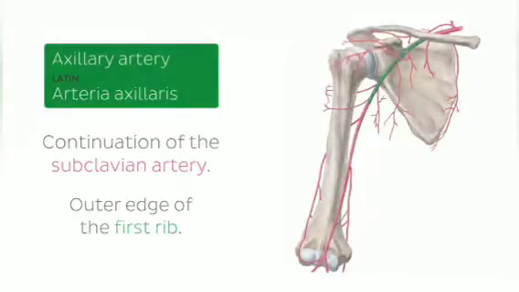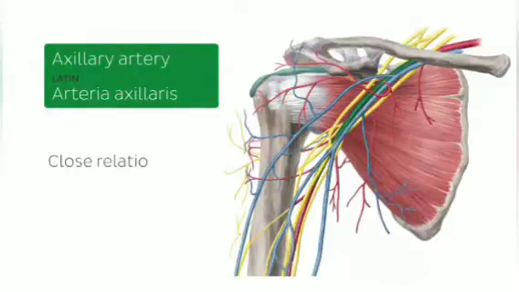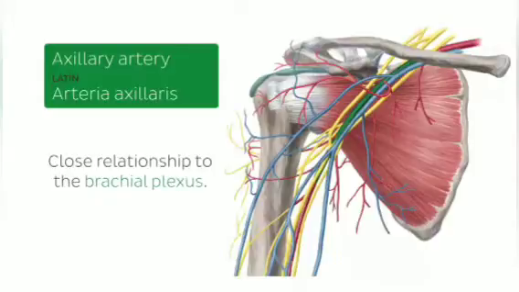Another point I would like to make using this image that you now see on your screen, keep in mind that we're still looking at the axillary artery highlighted in green, and another structure here, this yellow structure, is known as the brachial plexus. What I want to tell you is that the axillary artery lies in close relationship to the brachial plexus, even giving the three cords their names.